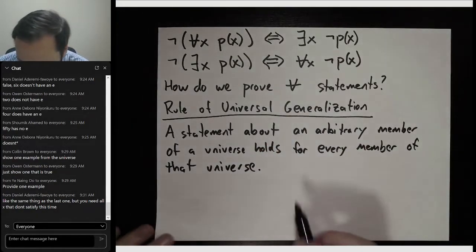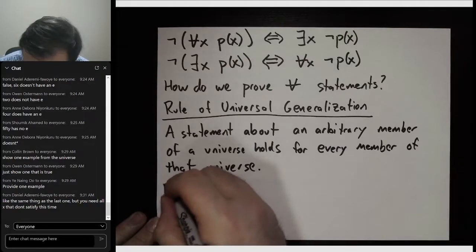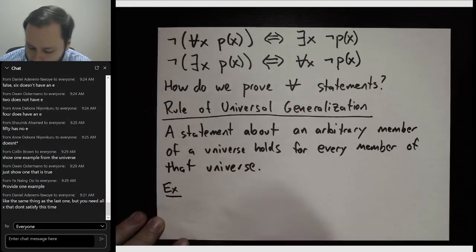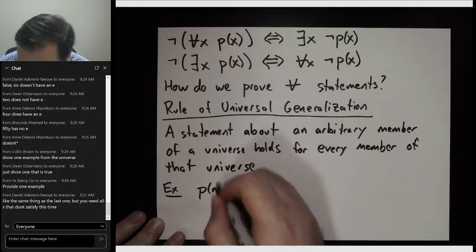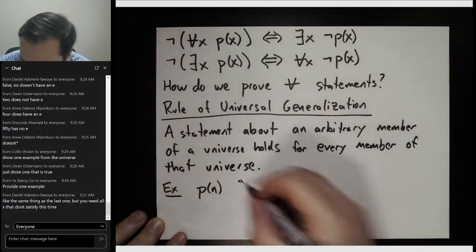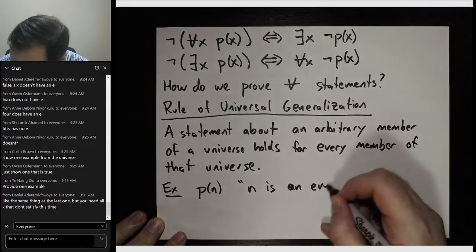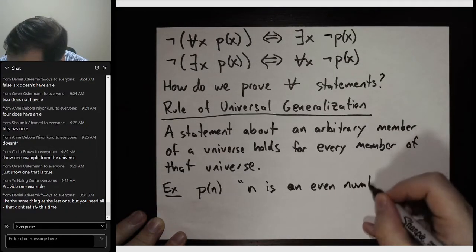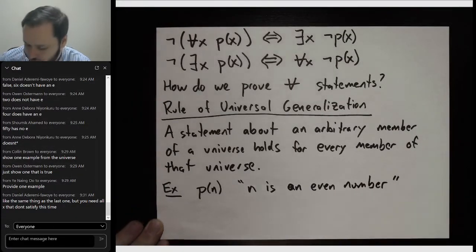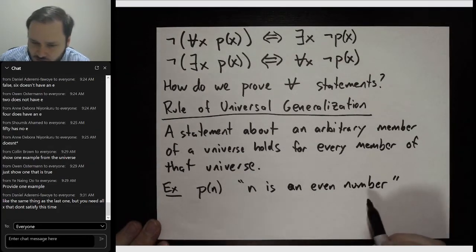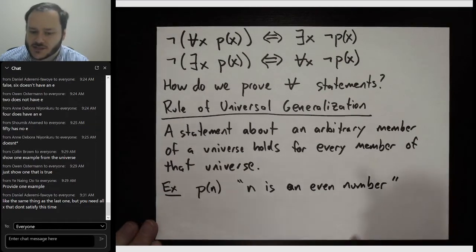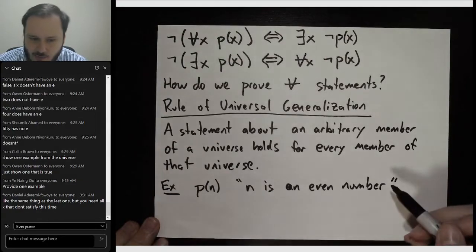Okay. So here's an example. My P of n is going to be the statement n is an even number. And my definition for an even number is that 2 divides that number with no remainder.